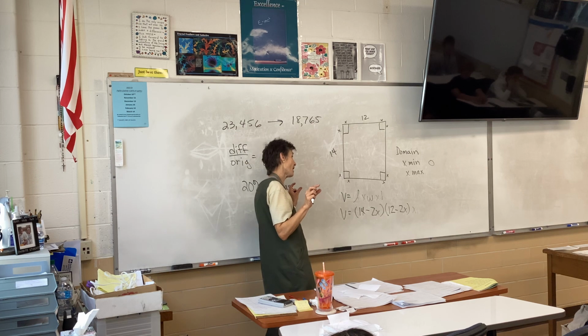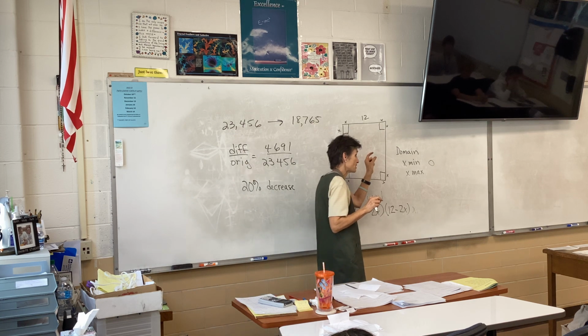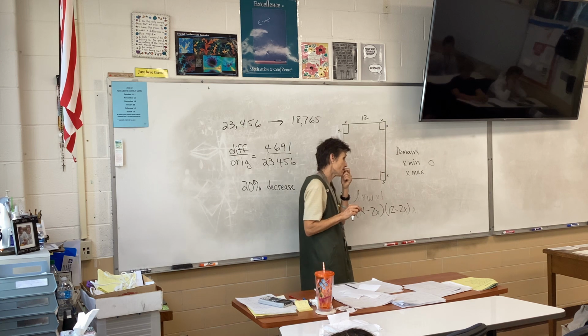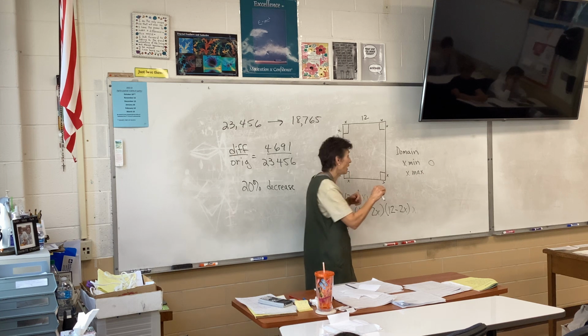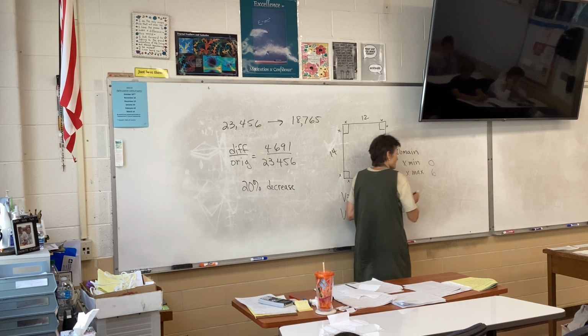It's coming off each side. So could I do 11 off each side? No, because I only have 12 to start with. 5? What about 5.5? Could I take off 5.5? Could I take off 5.8? I can take off everything up to 6.